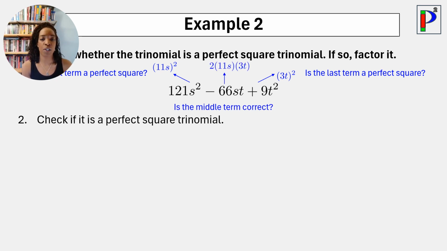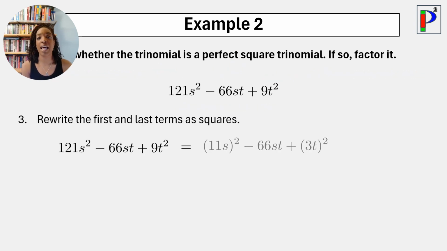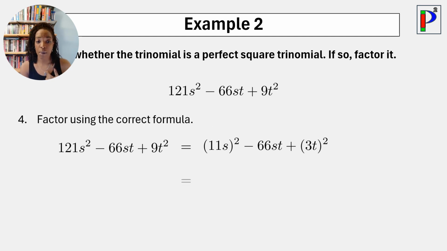Checks out, perfect square trinomial. The next thing I do is I just rewrite my first and my last terms as perfect squares. I choose my formula, and I drop my numbers in. It's really simple once you identify that it is a perfect square trinomial.